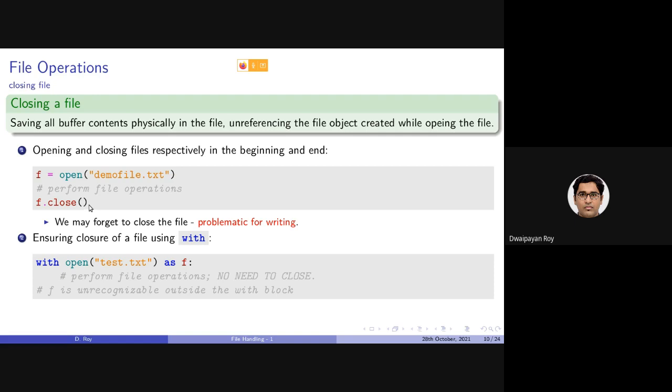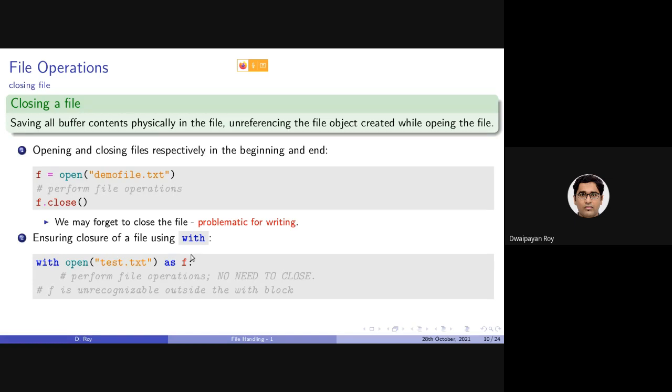So recapitulating, there are two ways to open and close a file. One is by explicitly closing the file after opening it using the open function, and another is using the with keyword, where we specify the name of the file together with the open function.